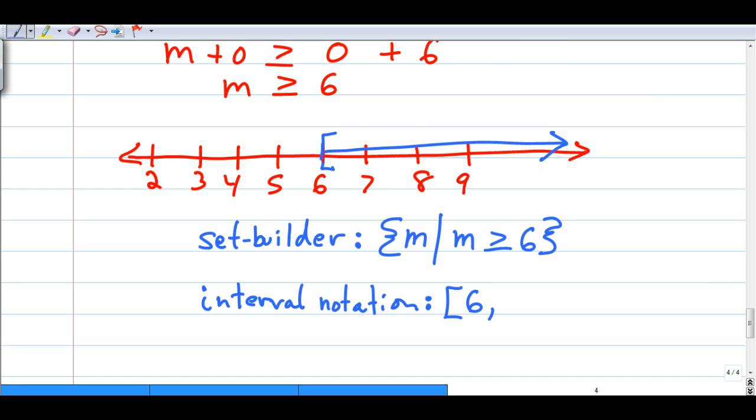Well, it's just continuing on. It doesn't end. It's going out towards the positive infinity. So I'll put an infinity symbol, and then I'll close this with a parenthesis. We use parentheses whenever something is not equal to that value. Well, nothing can be equal to infinity. So next to the infinity symbol, there should always be a parenthesis.